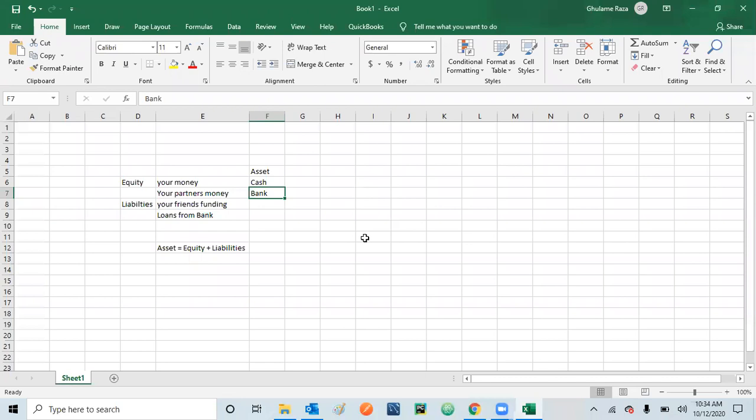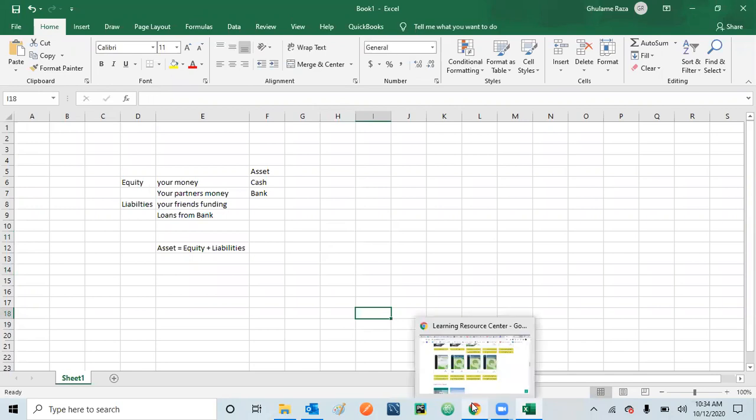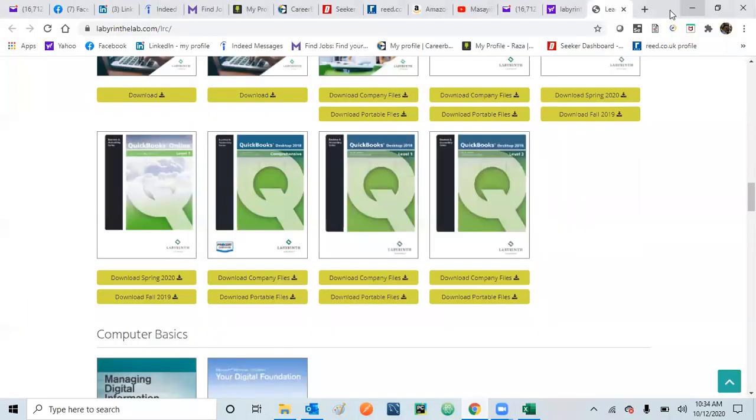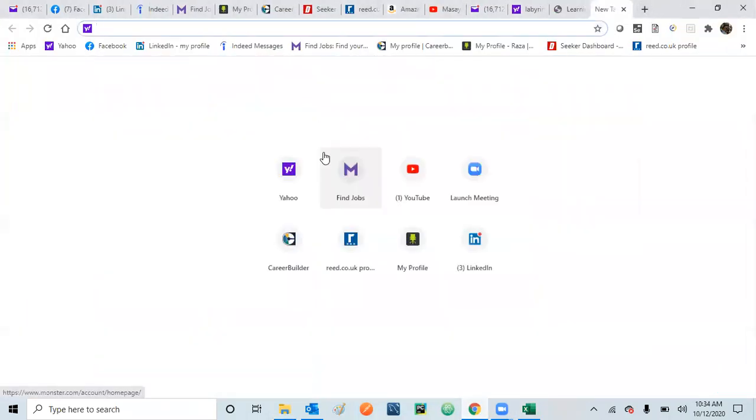Once we start working with assets and liabilities, we know that the total of equity and liabilities is equal to the assets. Instead of typing one by one myself, I can discuss it here, so it will be easier.